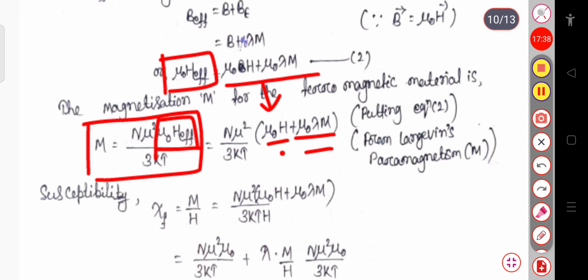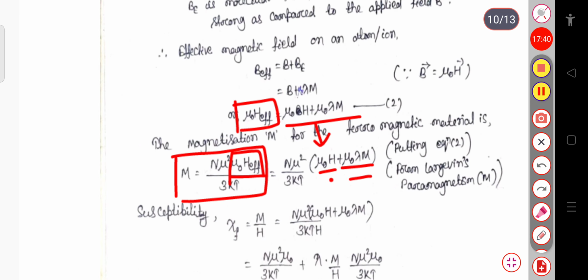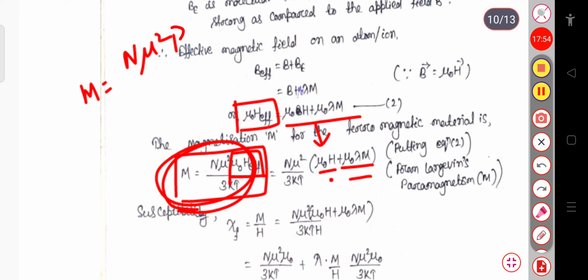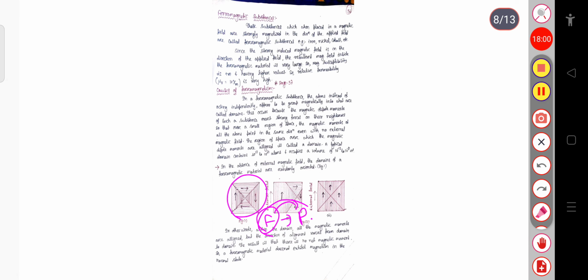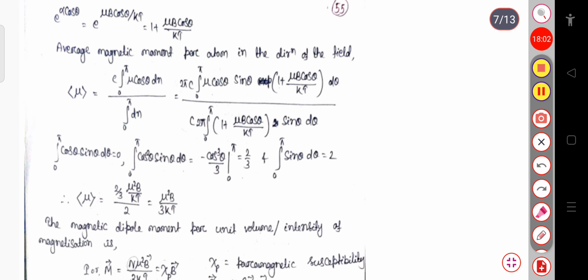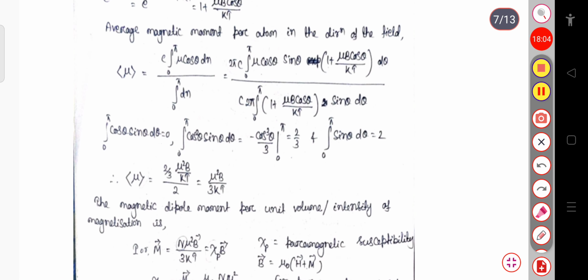If you remember, this magnetization term comes from the paramagnetic substance, where we have already calculated M equal to N mu square into B divided by 3kT. Let me show you again. This is in case of the paramagnetic material we have calculated.